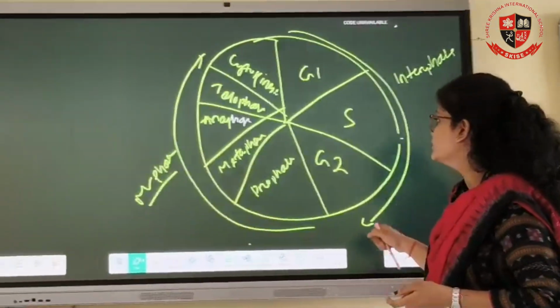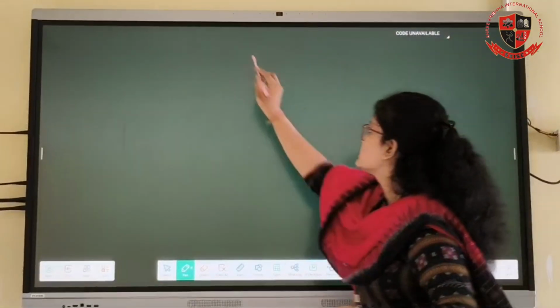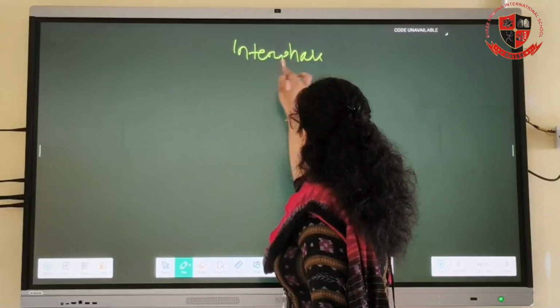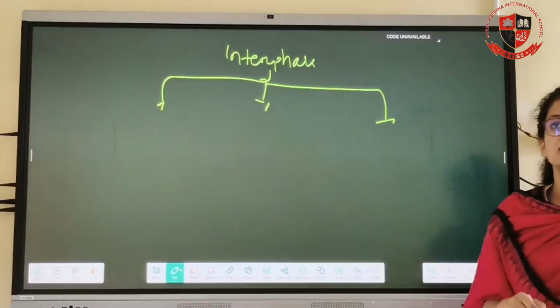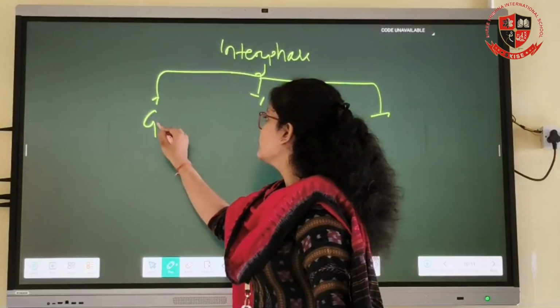Interphase is divided into three phases. One is G1, second is S, and third is G2.